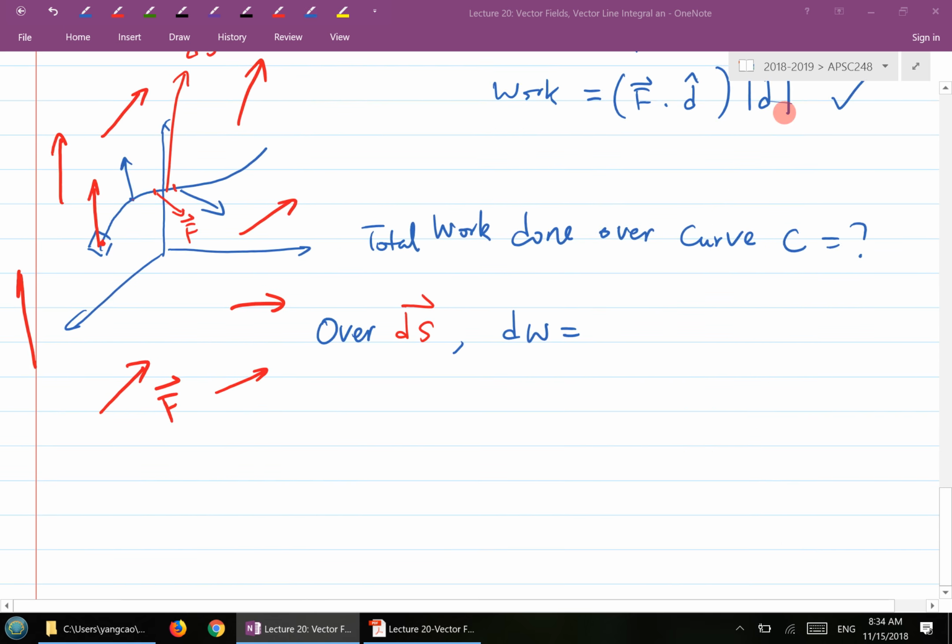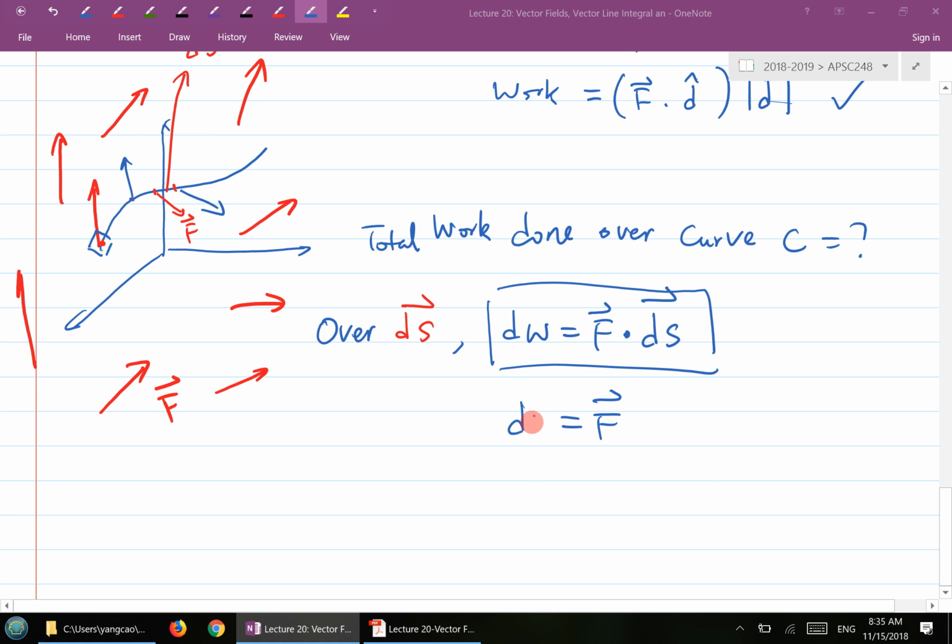So in our case it is F dot ds, that small, infinitesimal ds. This is how much work is done over that little segment. And this quantity I can rewrite as dW equals F dot T hat ds.